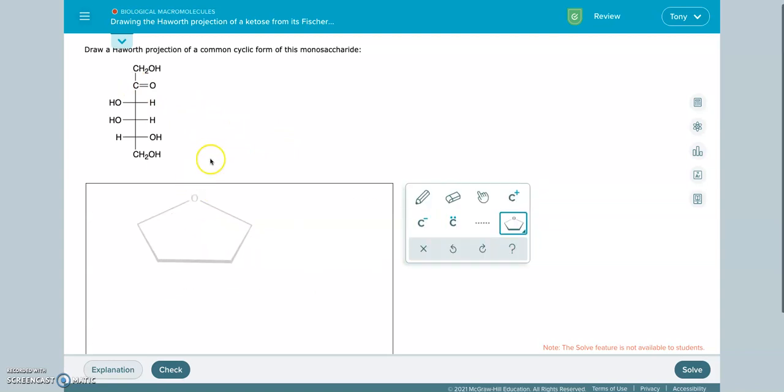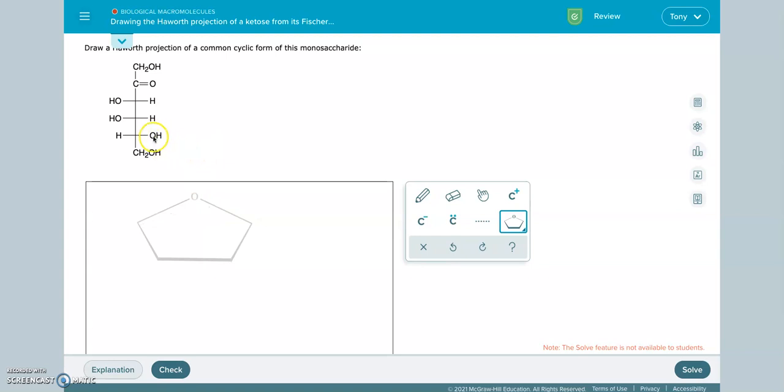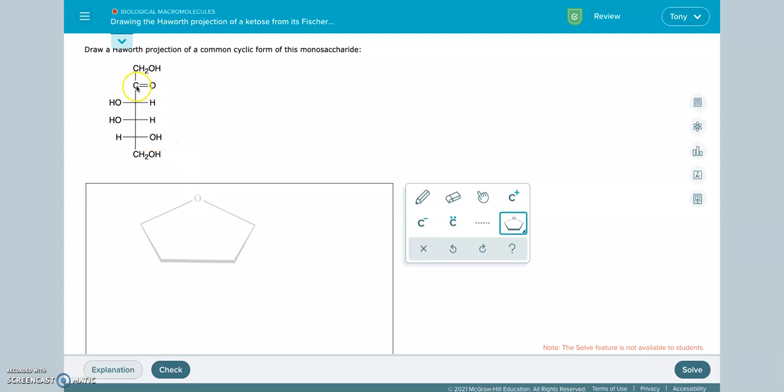The reason I know that is that this oxygen here is going to end up being this oxygen at the top, and that's going to be forming this bond with this carbon here. That's how we get to a 5-membered ring. So 1, 2, 3, 4, 5. Those are going to be the species in my ring right here.